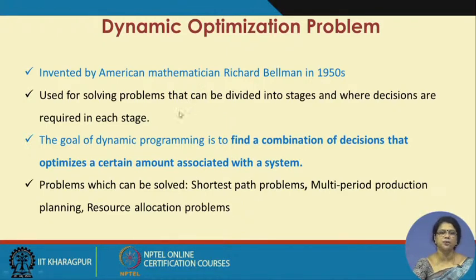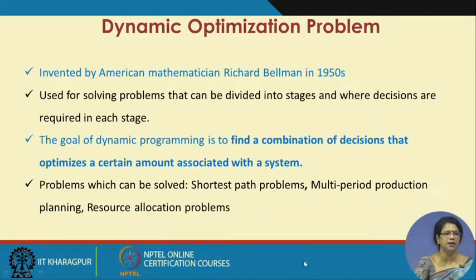Now, if you ask what the applications of dynamic programming are, there are different applications: shortest path problem, knapsack problem, resource allocation problem, multi-period production planning problem, multi-period inventory planning problem, scheduling problem.